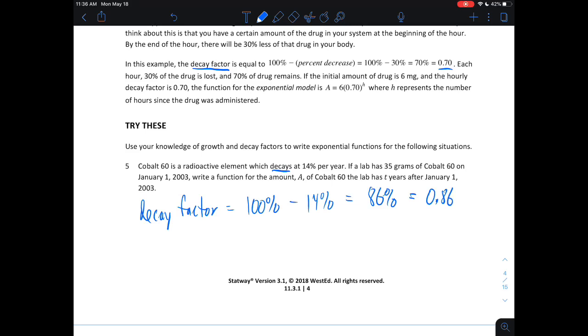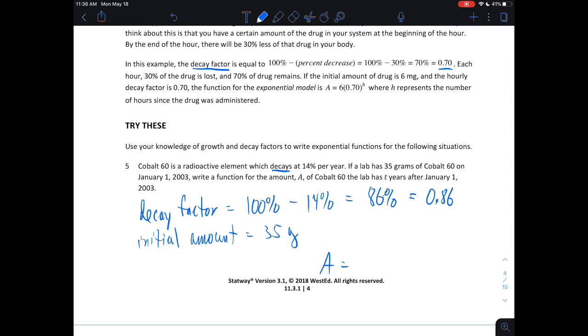We also need the initial amount, which was given to us as 35 grams when this started on January 1st, 2003. And now we want to write the function, a mathematical function for the amount, A, that is left t years after January 1st, 2003.